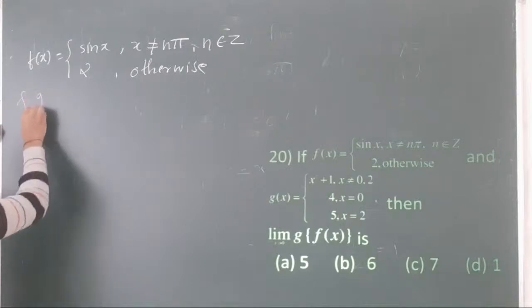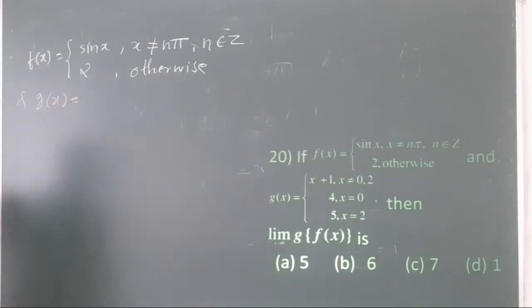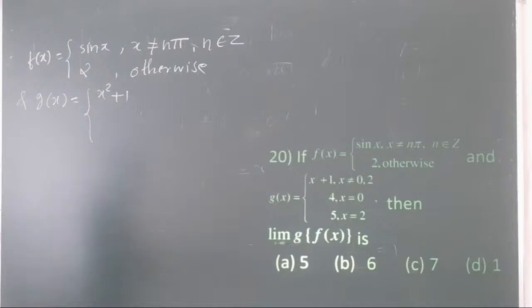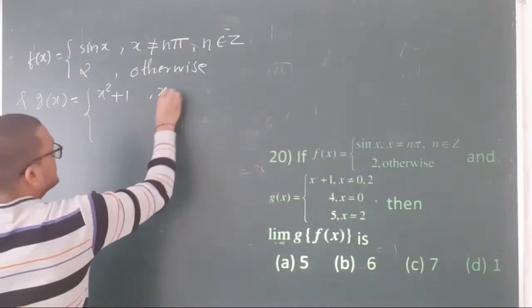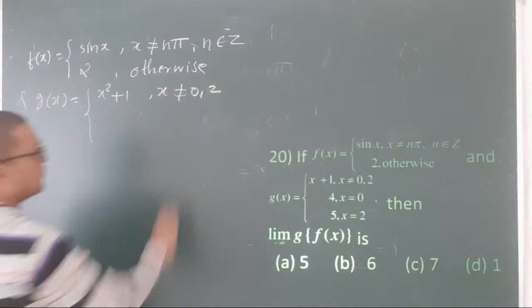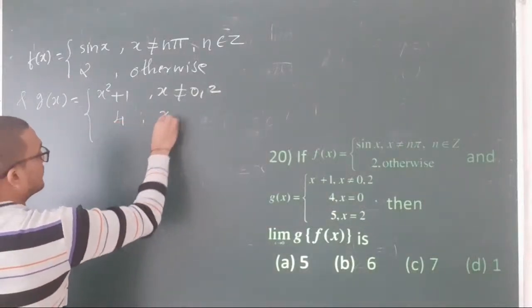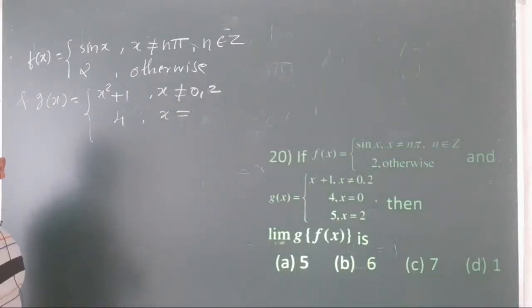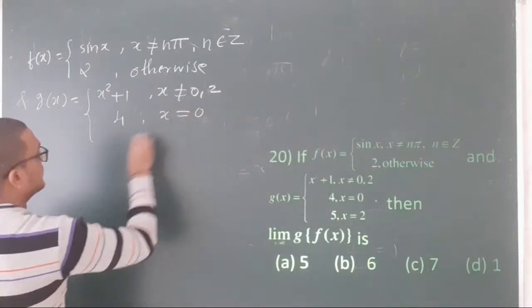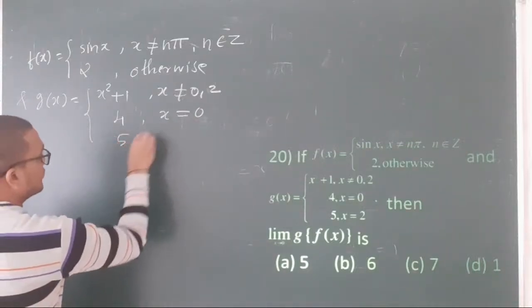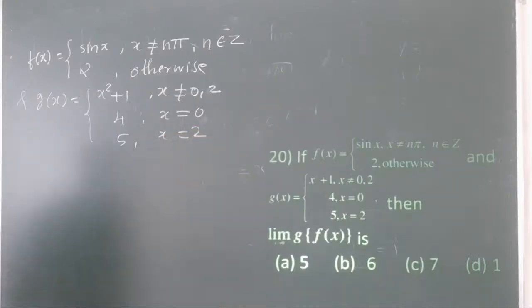And g of x is also given: g of x is equal to x square plus 1, where x is not equal to 0 comma 2, and g of x is equal to 4 when x equals 0, and g of x is equal to 5 when x equals 2.